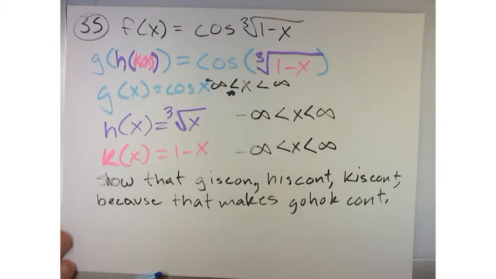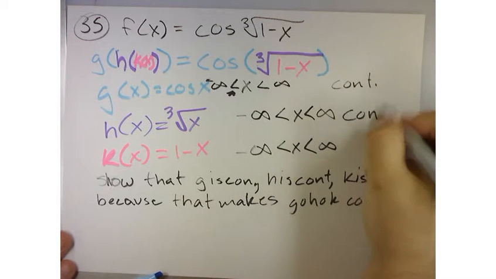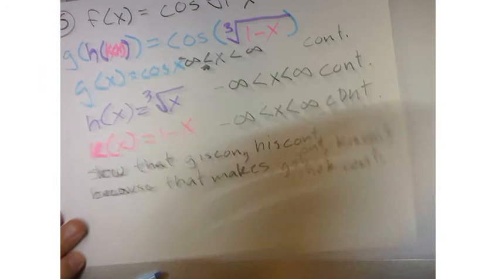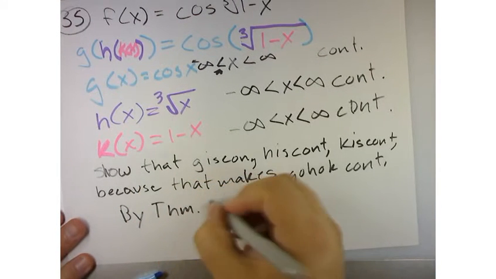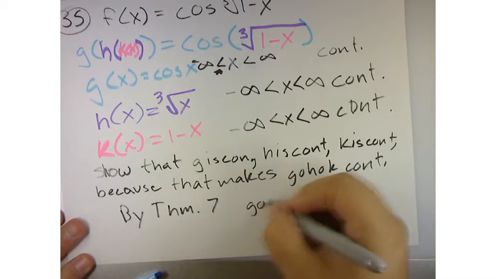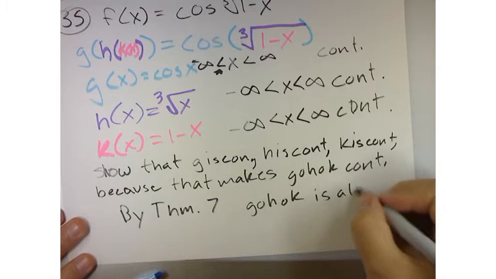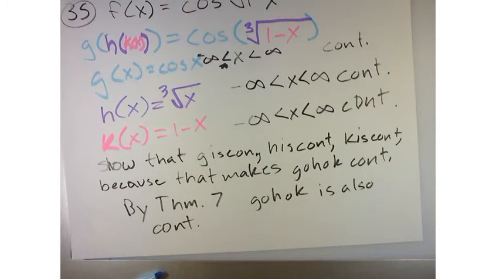Yes. So this is continuous, this is continuous, and this is continuous. And so by Theorem 7 in your textbook, g of h of k is also continuous. Okay? So that's how you prove that it's continuous.